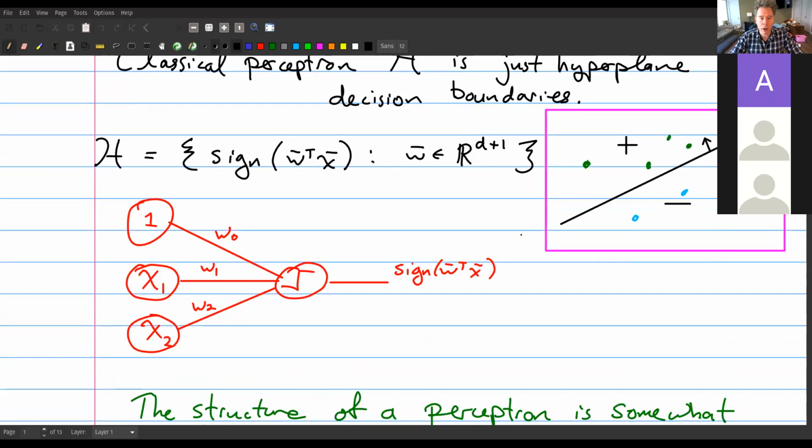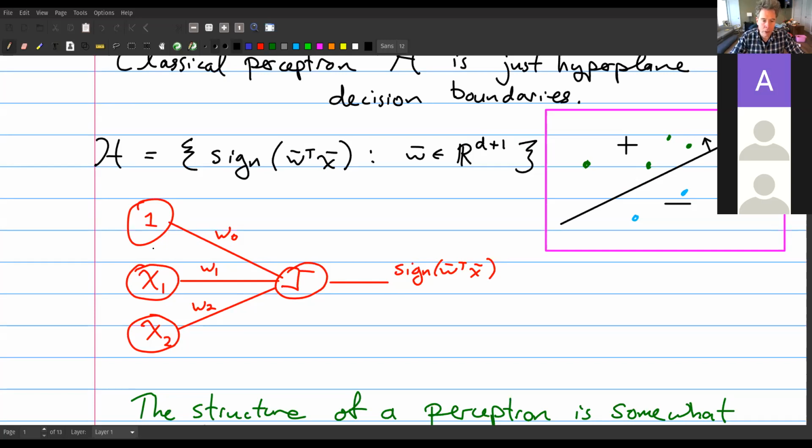That's kind of how a perceptron works. The sign function is like the threshold for whether or not the neuron should fire. This is like the axon here, and these are like the dendrites sending information in.